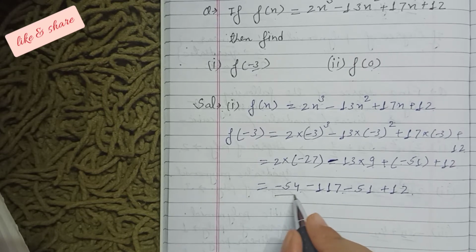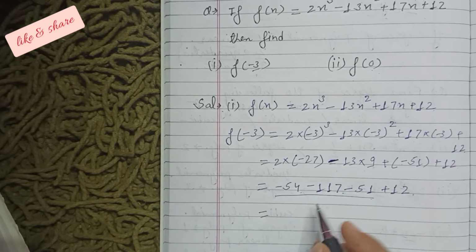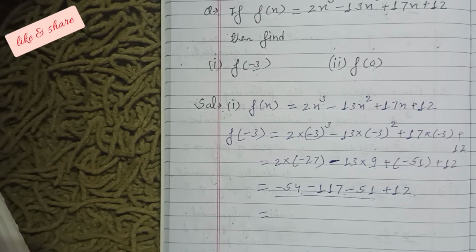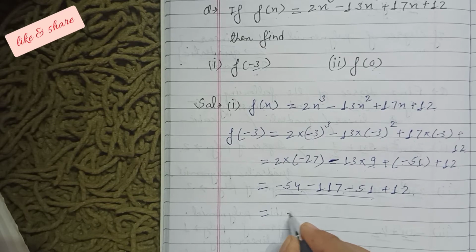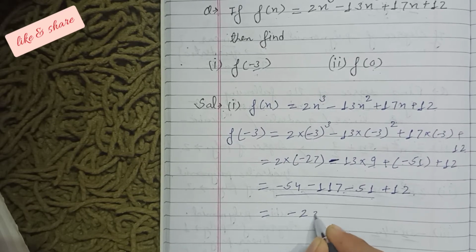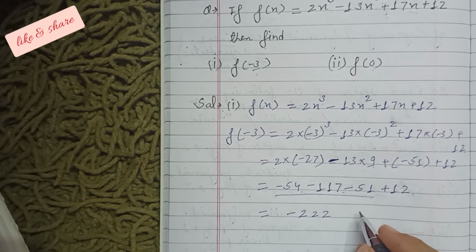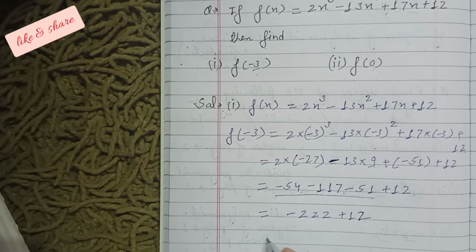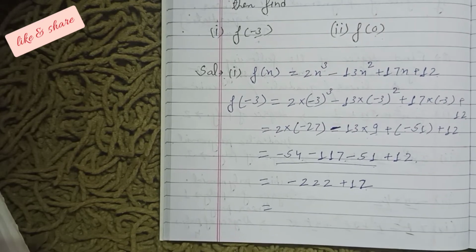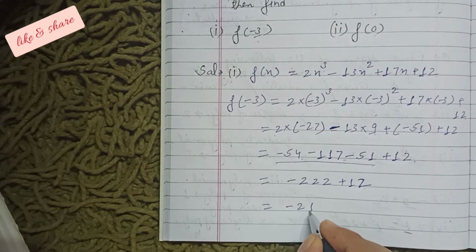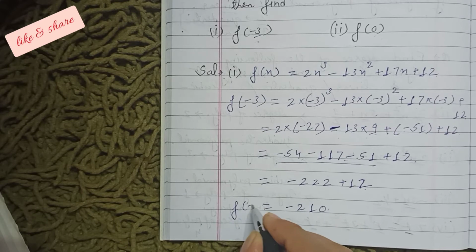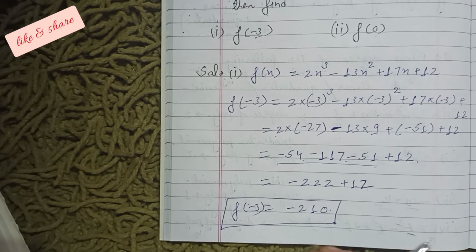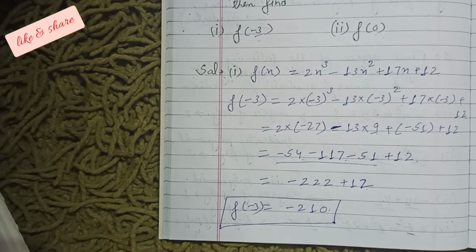Now you will add all these negative numbers, so you will get −222, and plus 12. Now on subtraction you will get −210. So the value of f(−3) is −210. Okay, now let us see the second part.